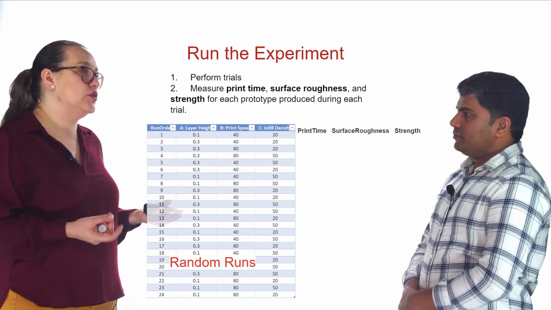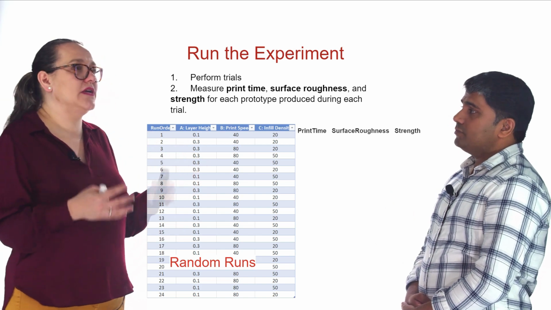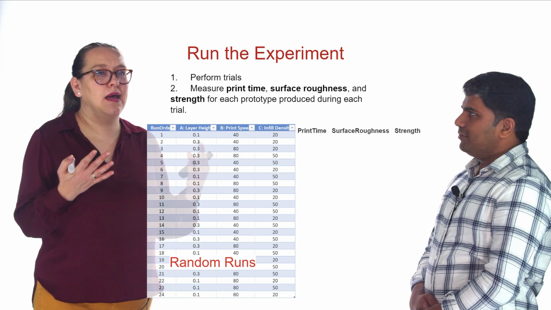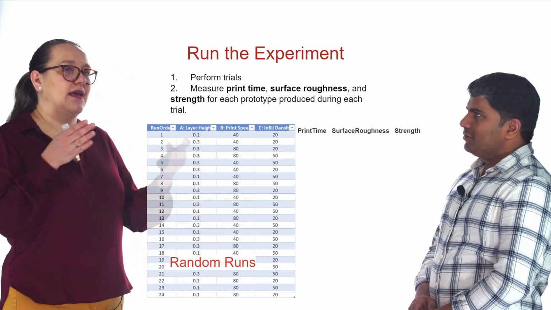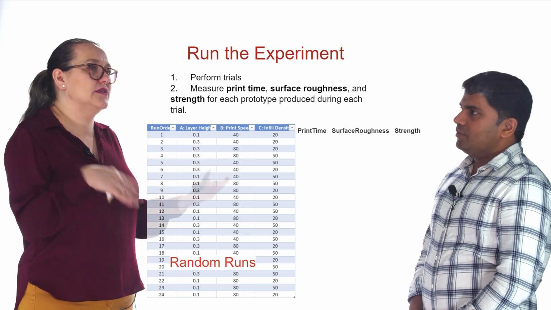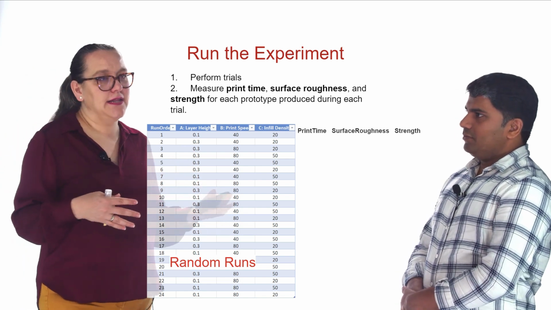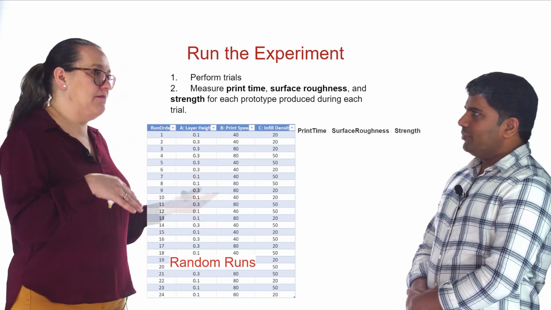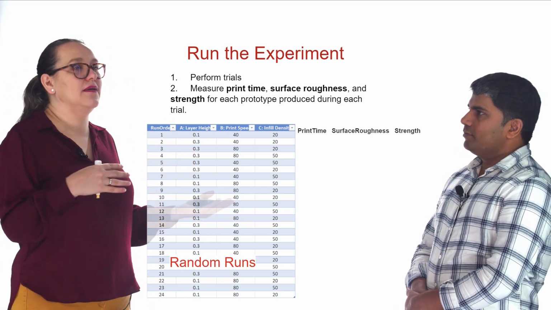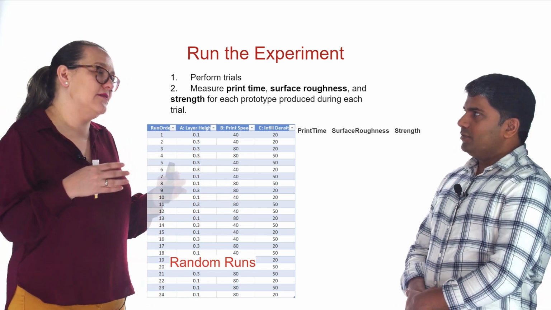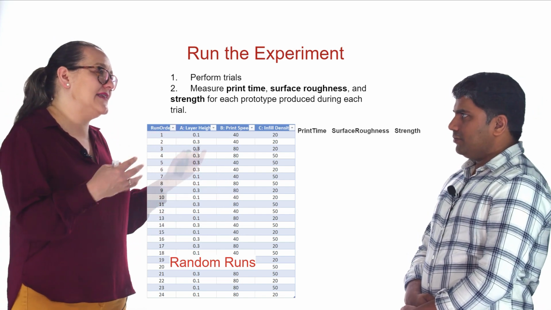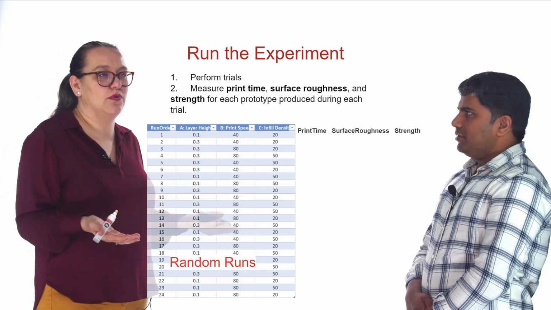Then we will need to do some plots to visualize, and then some statistical analysis. Then we can conclude if, say, factor A, like the layer, has an impact on the print time, the surface roughness, and the strength, and how that impact is. Maybe with high layers it will take more time to print, or like the speed, most probably higher speed will take less printing time, because it will be faster.